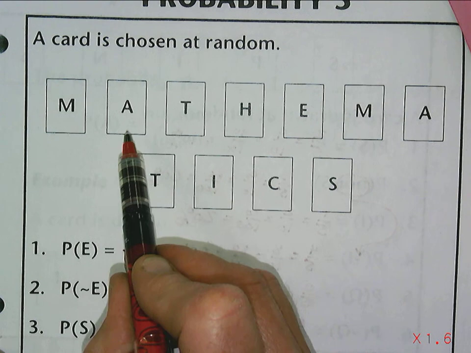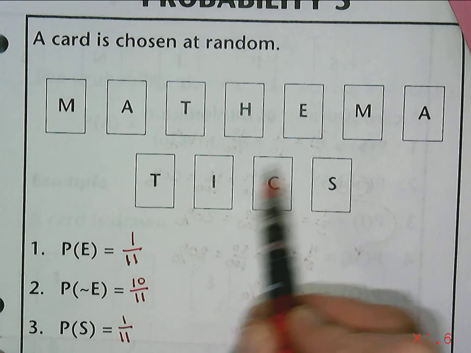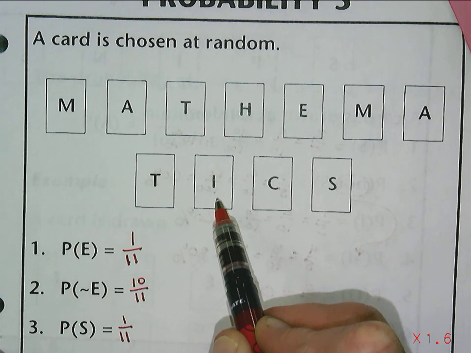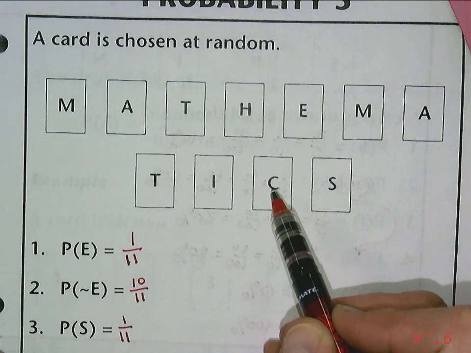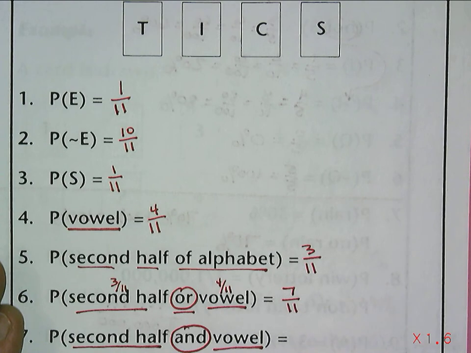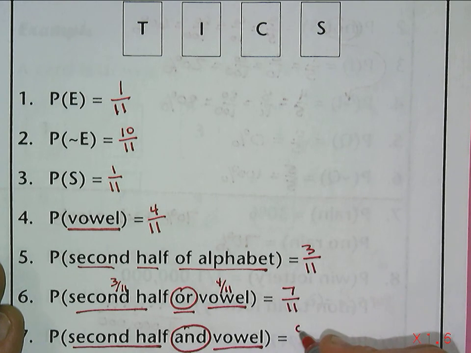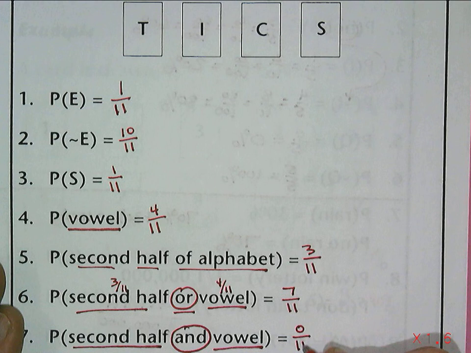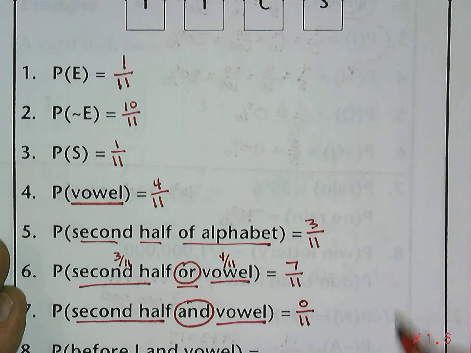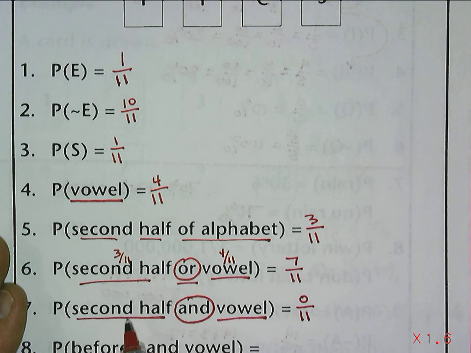We already said that none of the vowels, A, E, A, and I, none of them were a part of the second half of the alphabet. So in this case, none of these would be true. So we have 0 out of 11 that would be the case for this because there are no second half vowels.